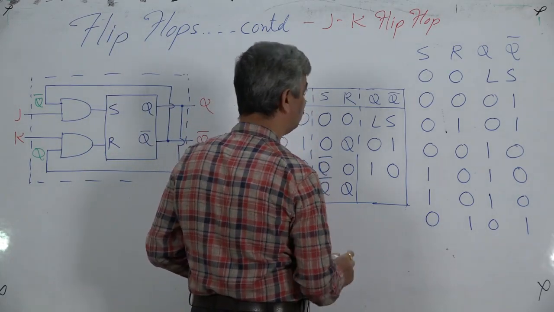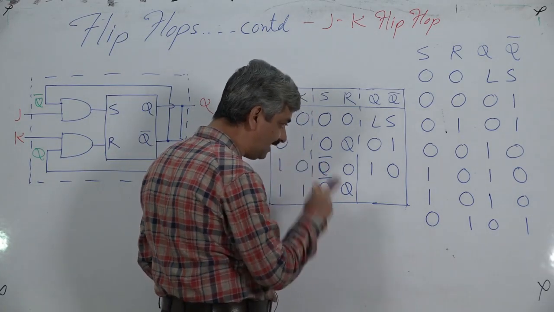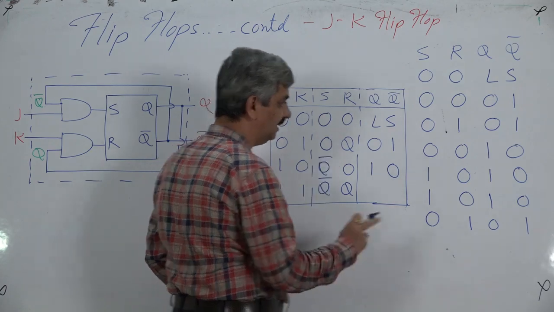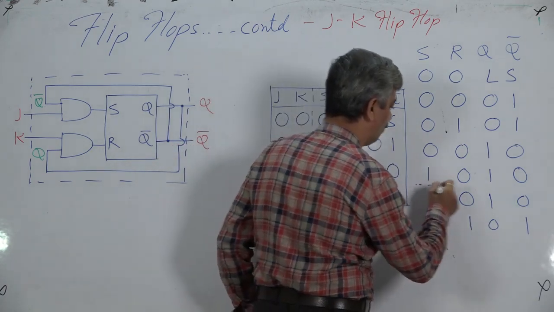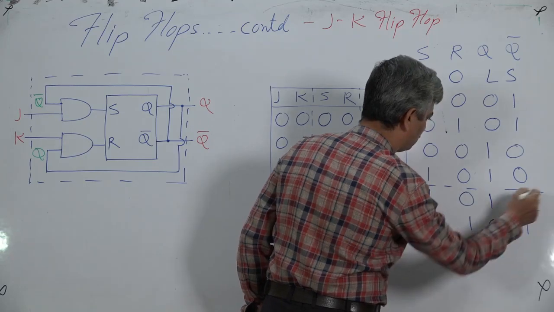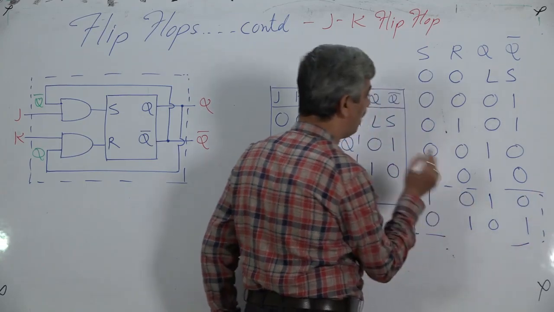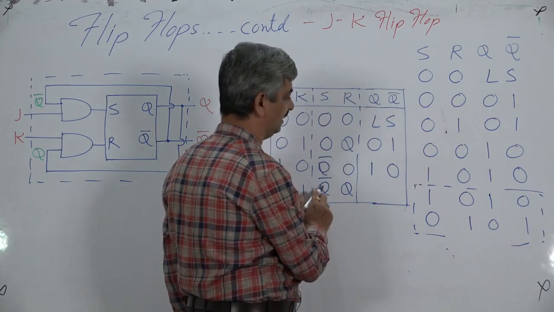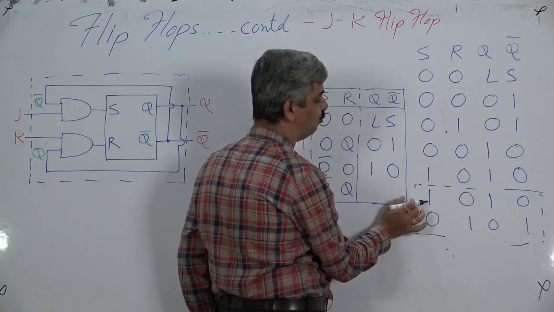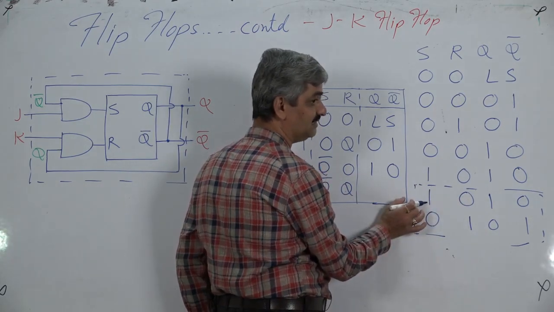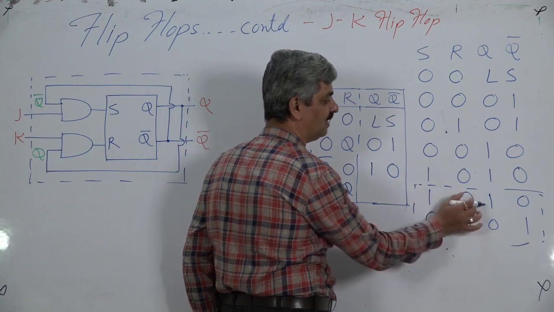Now we go for these two, it's the most important thing. If Q is 0 and Q bar is 1, in that case the output we obtain is 1, 0.